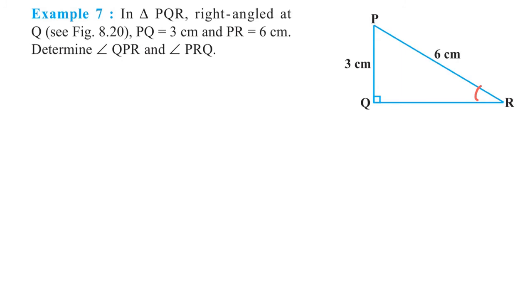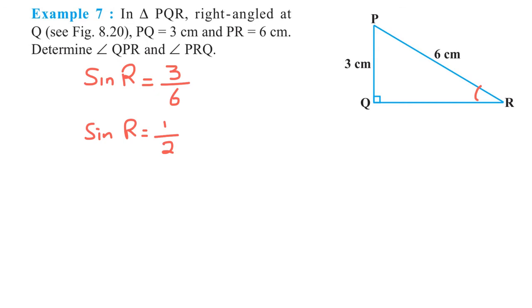Opposite over hypotenuse. Which ratio? Sine. So can I write sine R is equal to opposite over hypotenuse? Opposite is 3, hypotenuse is 6. So sine R is half.